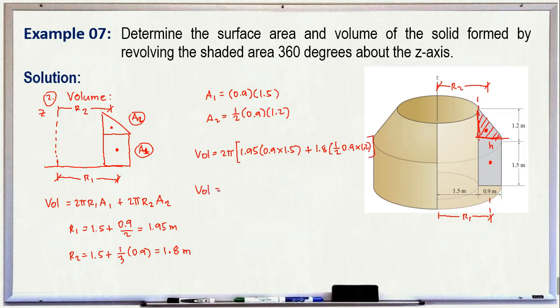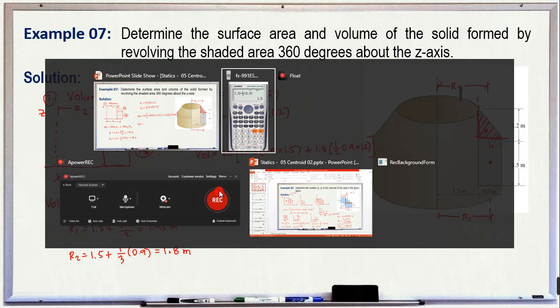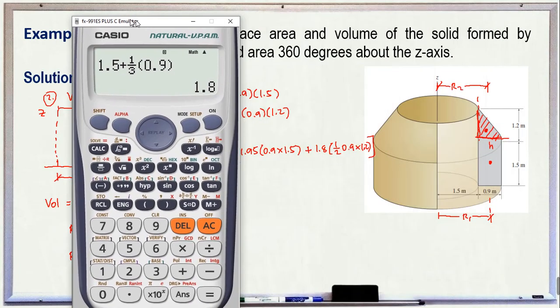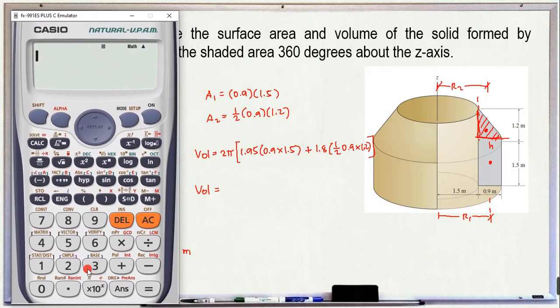So therefore, our volume is equal to 2 pi times 1.95 times 0.9 times 1.5 plus 1.8 times 0.5 for 1 half, times 0.9 times 1.2.